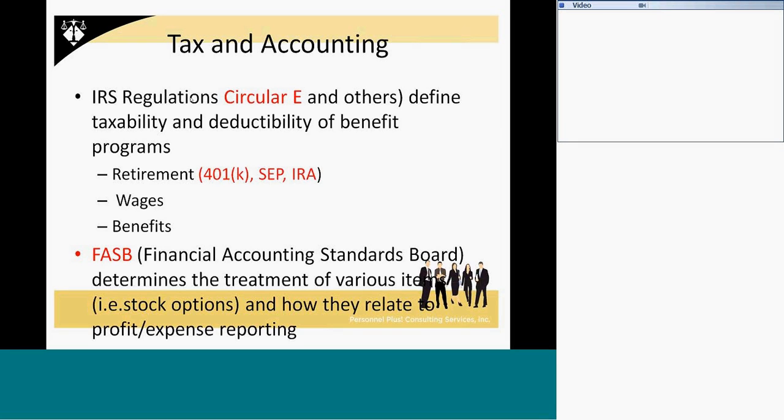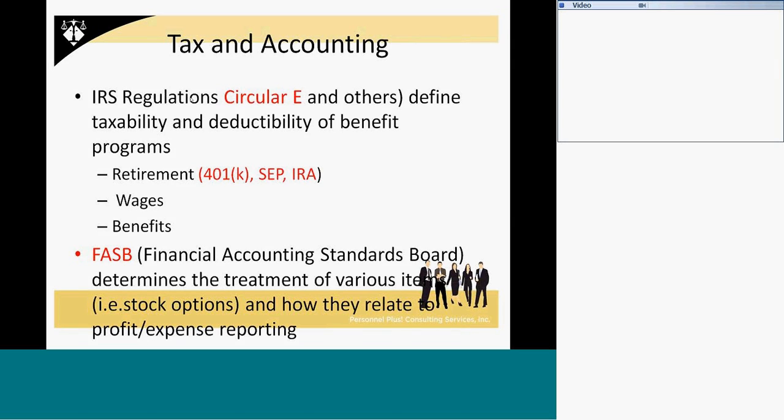But those 3 things collectively make up what's called Circular E, and they're the things that define the taxability and deductibility from taxes of various benefit programs. So they help define what is and what isn't considered wages, what is and what isn't considered benefits.